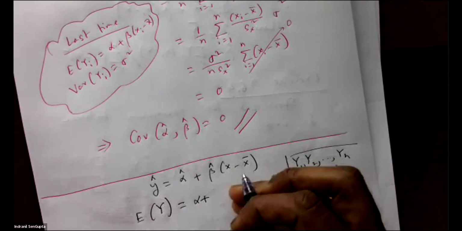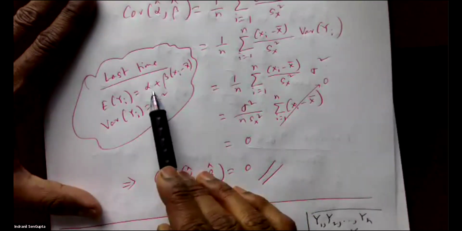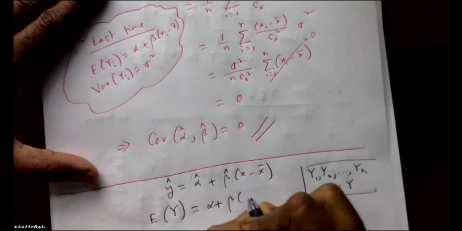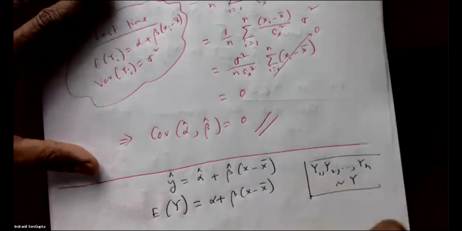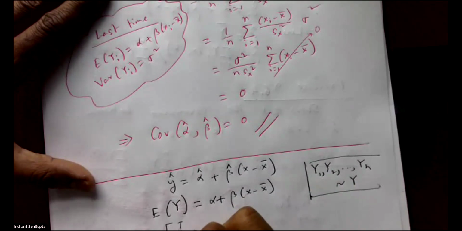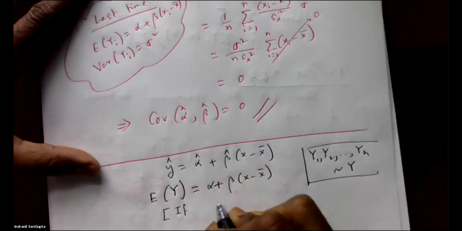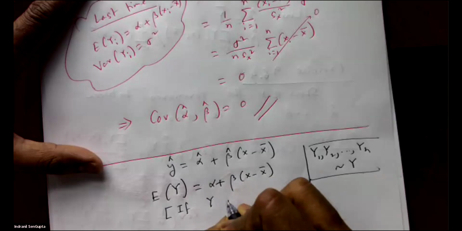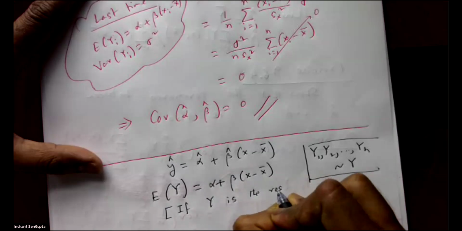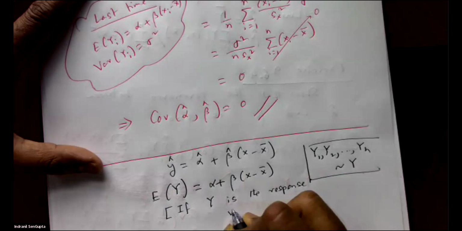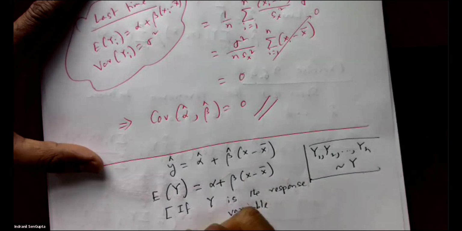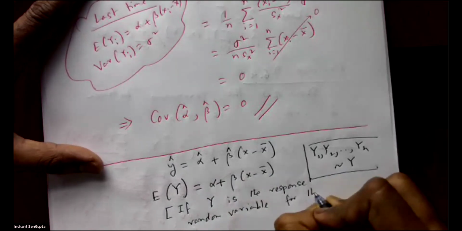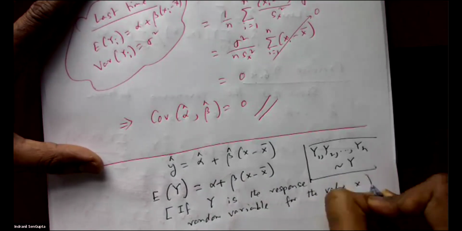I'm talking about this one: alpha plus beta times x minus x bar.